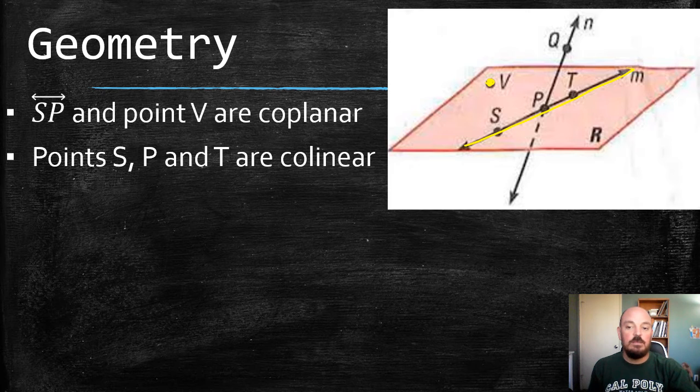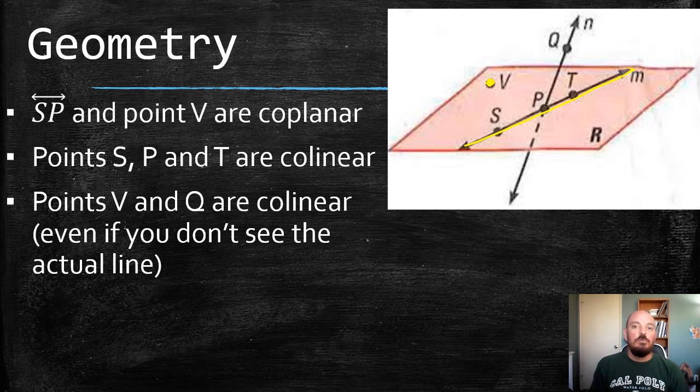Now here's a tricky thing about collinear. Points V and Q are also collinear, even though you don't see the line in the picture. If you can draw a line that goes through them, then they are still collinear.